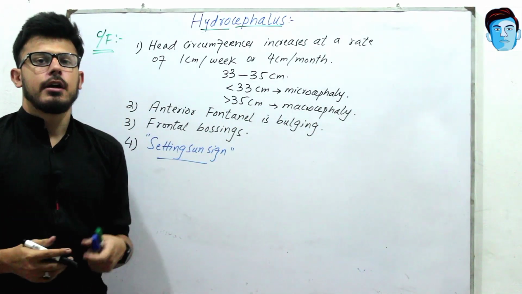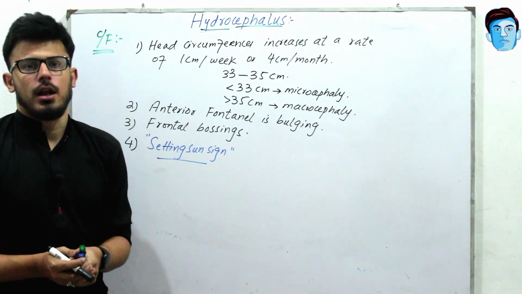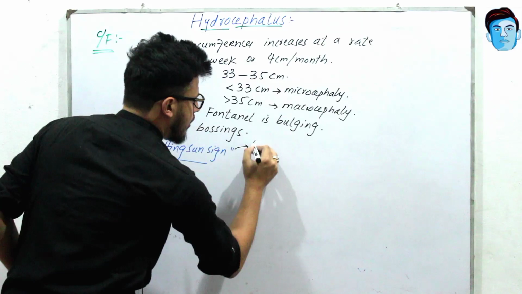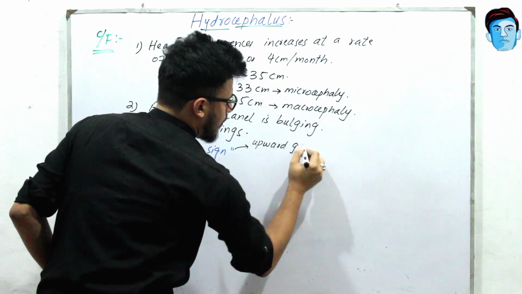When the eyes appear driven downward, the sclera is visible between the upper eyelid and iris. So actually it is upward gaze paresis.